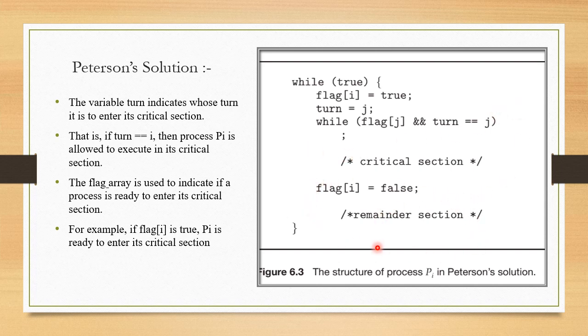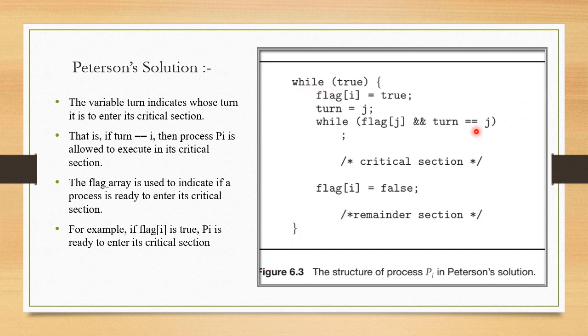So this is what the structure of a process in Peterson's solution looks like, where Peterson's solution for mutual exclusion states that when one process, for example j, is executing in its critical section, the other process i will have to execute its remainder section.